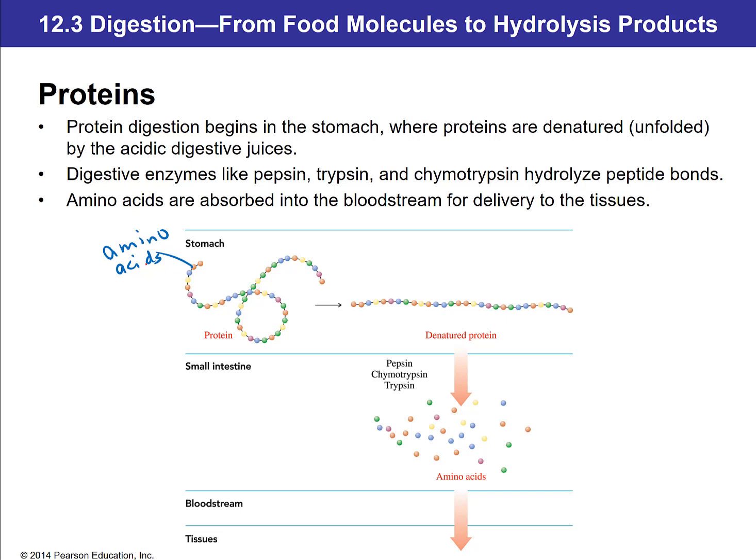So that means that after digestion, if you have a mix of carbohydrates, proteins, and lipids, at the end of digestion into the bloodstream you are going to have glucose, because that's what all of the carbohydrates end up going as. So glucose goes into the bloodstream.